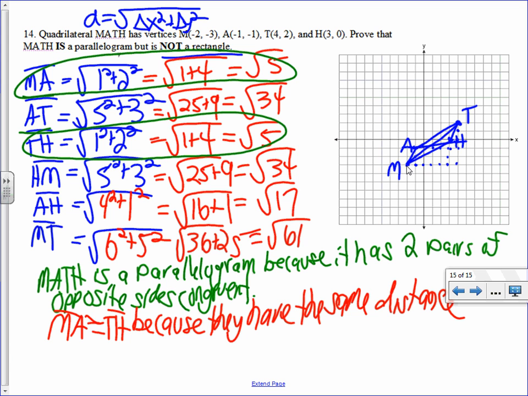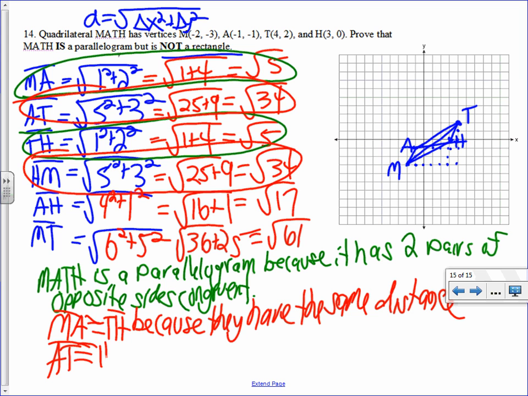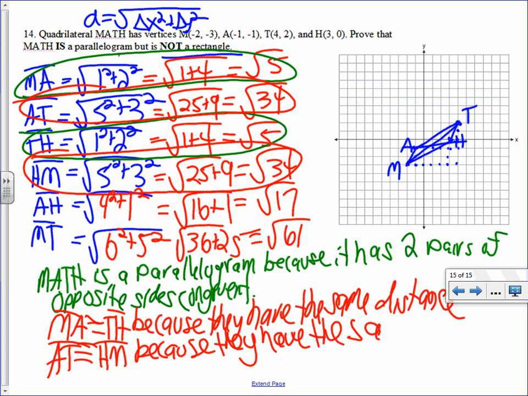And these two are the same. So I'm going to say AT is congruent to HM, again, because they have the same distance.